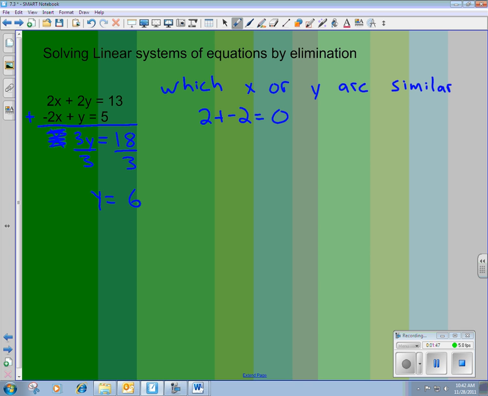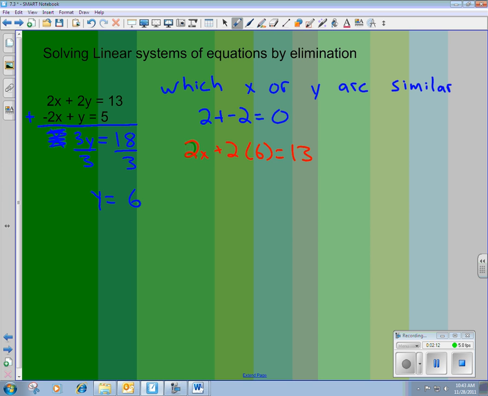Just like substitution, now that we have a y by itself, we still have to find the x. So we're going to plug this y back into one of our equations. Let's just put it in the first one. So our first one would be 2x plus 2 times our 6, because that's our y, equals 13.